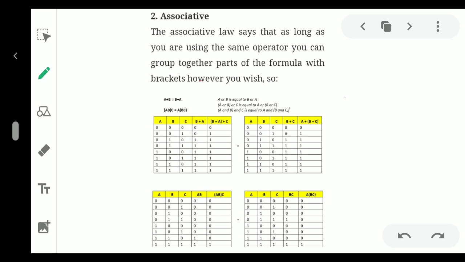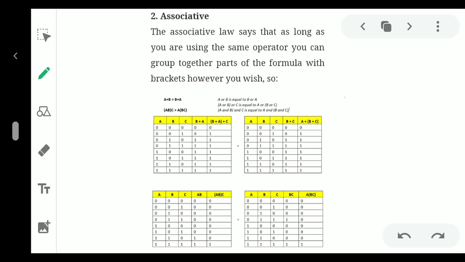The associative law of multiplication is given by A dot B dot C equals A dot B into C. According to this law, it makes no difference in what order the variables are grouped during the AND operation of several variables.